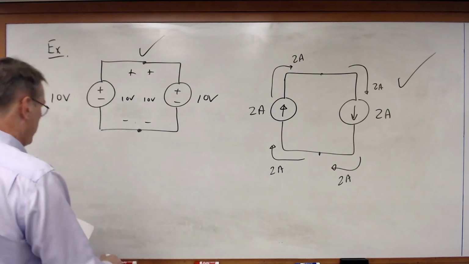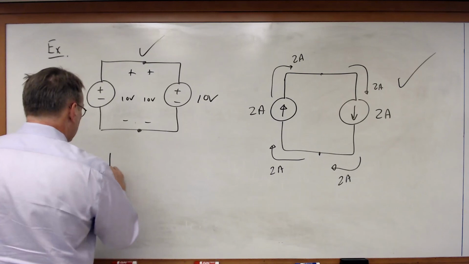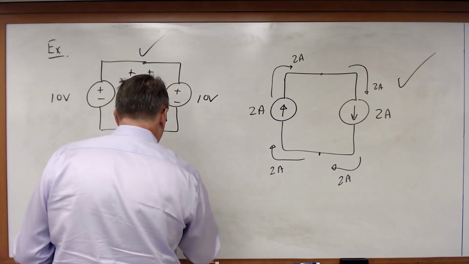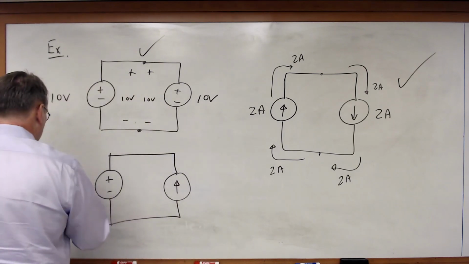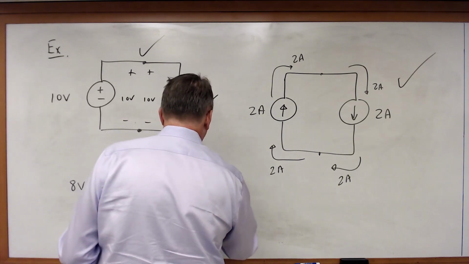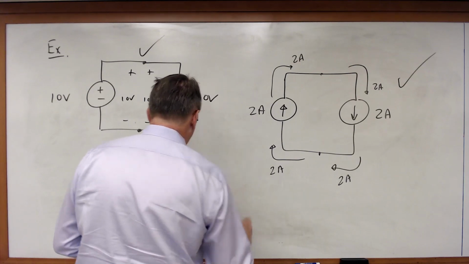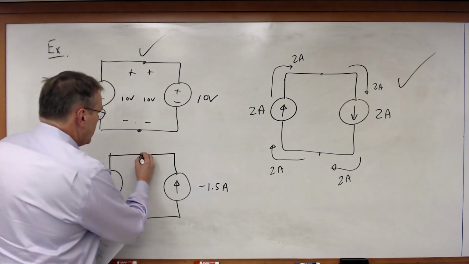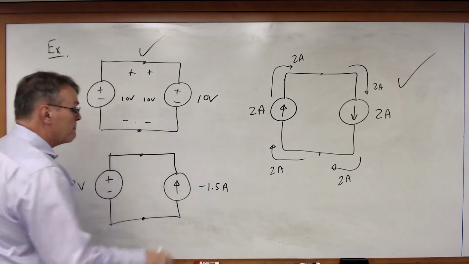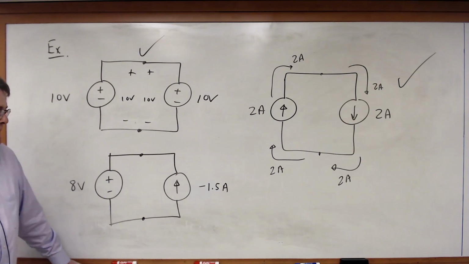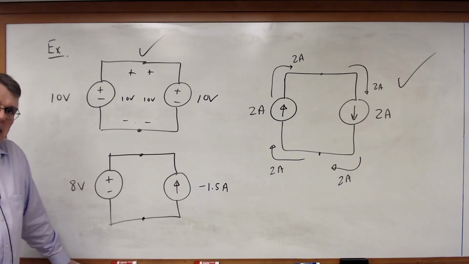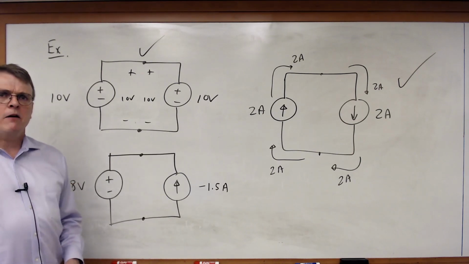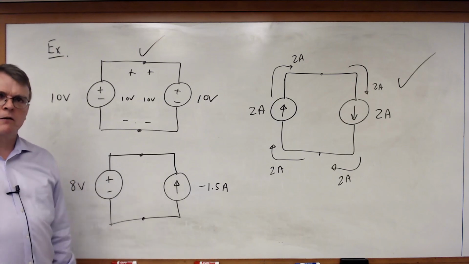Let's throw this one in. What if I gave you this? What if I had an 8-volt source connected across a minus 1.5 amp current source? Is that physically realizable? Many people will look at that and have a knee-jerk reaction. They'll say, no, Dr. Holman, that makes no sense. That's a voltage source, that's a current source.